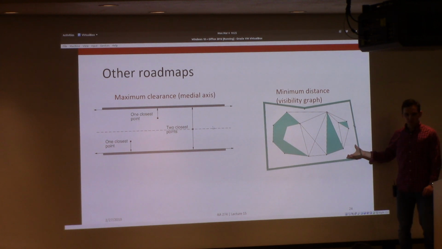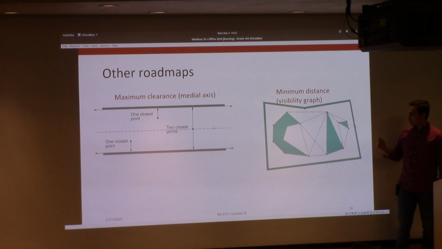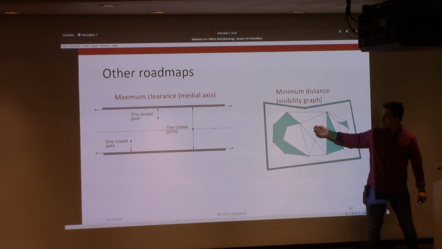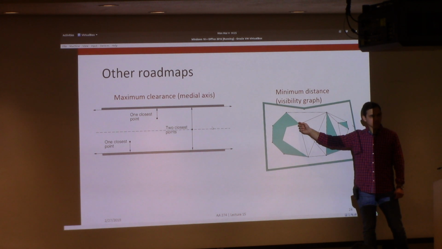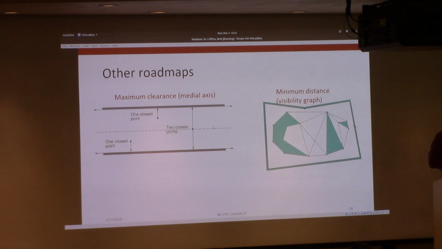Okay, the visibility graph is actually even simpler than the trapezoidal decomposition itself. So here again we have an illustration of the configuration space of the problem. Forbidden regions, this is a forbidden region as well. What do we do here? We try to draw an edge between every two vertices that are found on the boundary of the forbidden region. Okay?